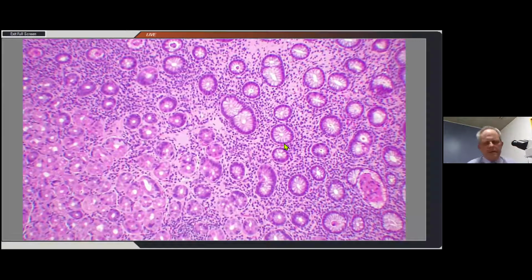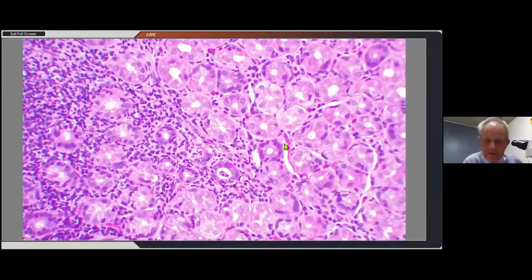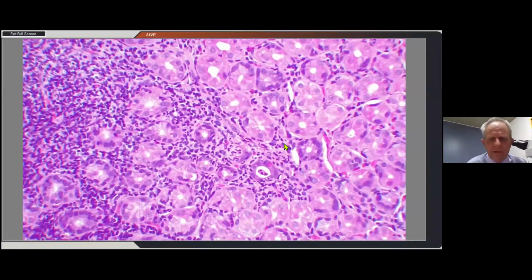Now we talk about the Sydney classification, and I haven't given you the Sydney classification for the purposes of time, but you remember that we grade the chronic inflammation, the acute inflammation, the Helicobacter pylori, the intestinal metaplasia, and atrophy. And the different categories are absent, mild, moderate, and severe.